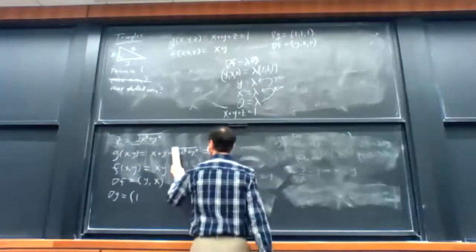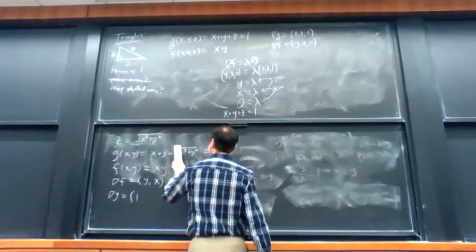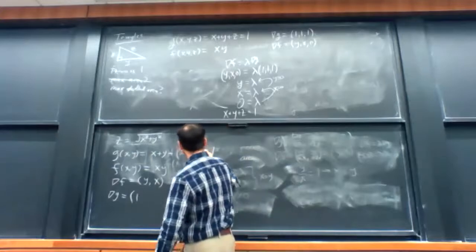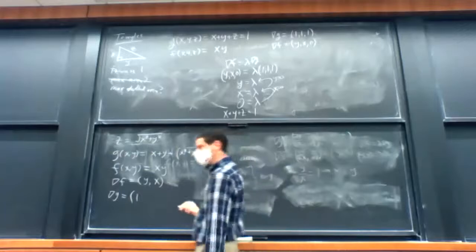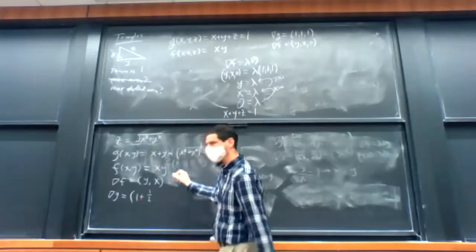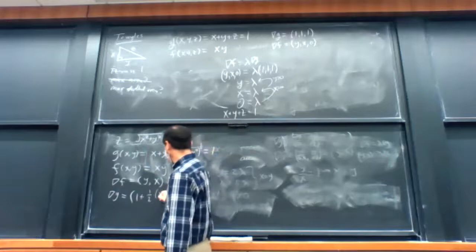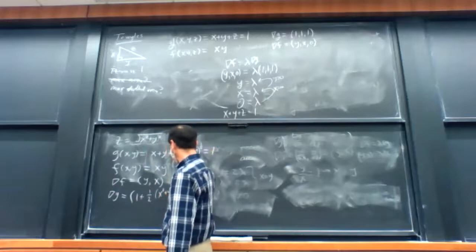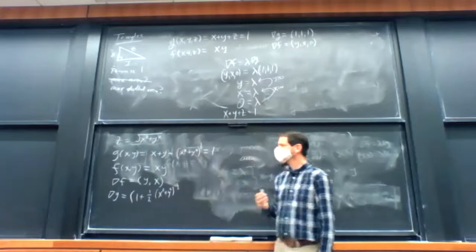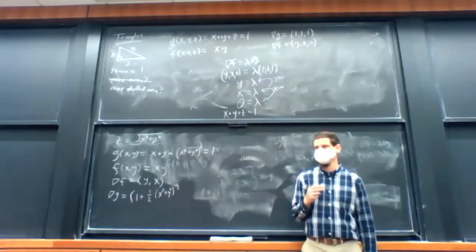And if you want, you can write this as x squared plus y squared to the 1/2. And so when I take the derivative of that with respect to x, it's 1/2 x squared plus y squared to the negative 1/2. And then what's the derivative of x squared plus y squared with respect to x? 2x.